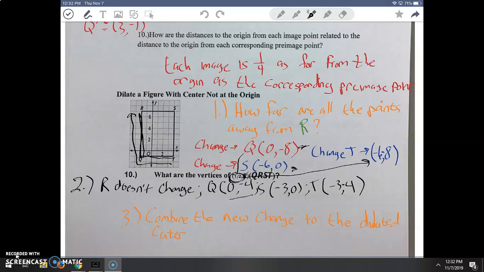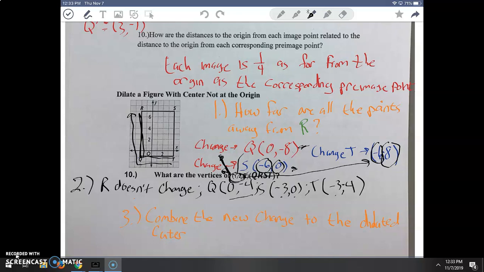The new S is 1/2 times the -6, got -3, 1/2 times the 0, got 0. Then 1/2 times -6, got -3, and 1/2 times the -8, got -4. So all I did was take this scale factor and apply it to all of the changes here.